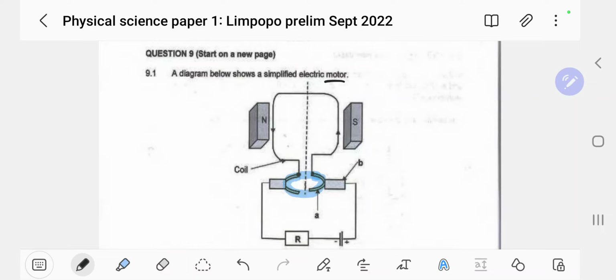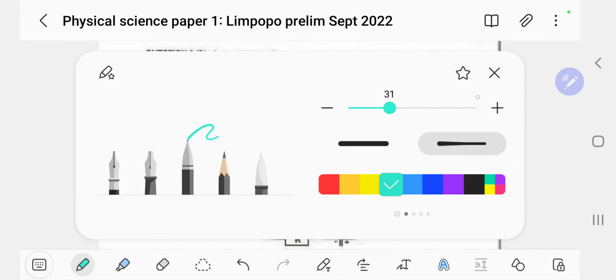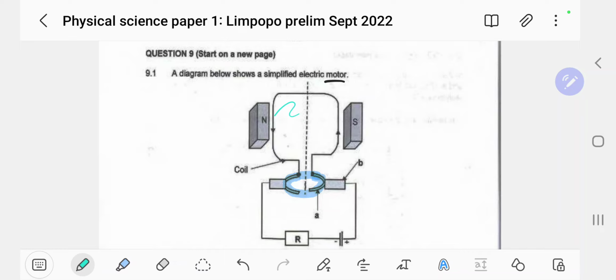And then, of course, north to south, the direction of the magnetic field is like that, with the current like that. So we use Fleming's left hand motor rule. So now you place your hand, index finger must point from north to south, the middle finger must point in the direction of the current, and therefore the thumb will point in the direction of force.